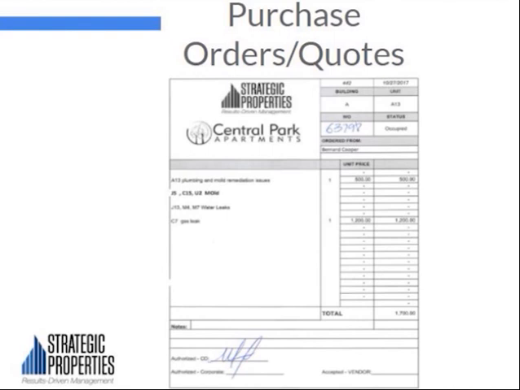We have a couple of tools that I want to show you guys that allow us to be efficient when responding to all of the work orders that we receive on a daily basis. The first tool is just creating the work order. Once we create the work order in our system, we write exactly what the tenant or owner is requesting.